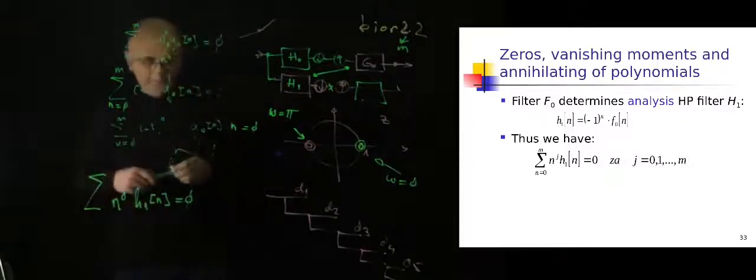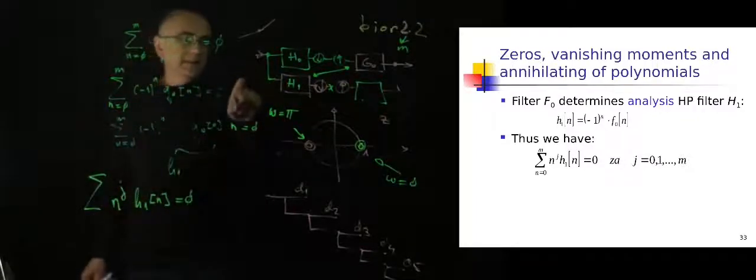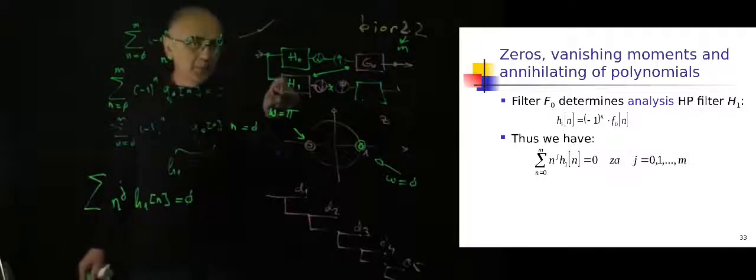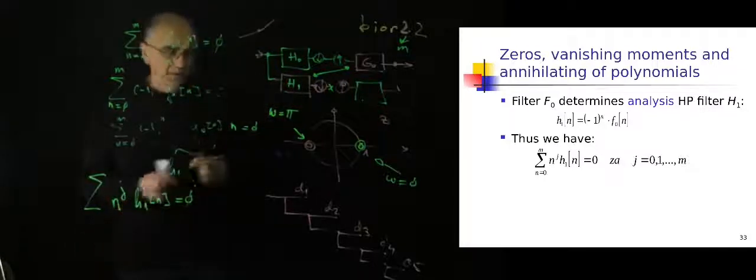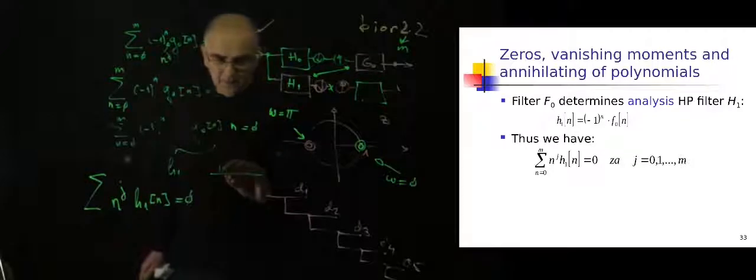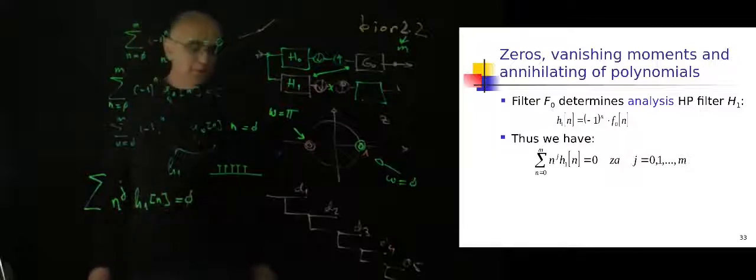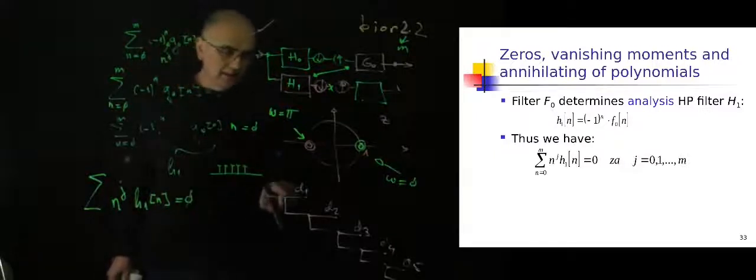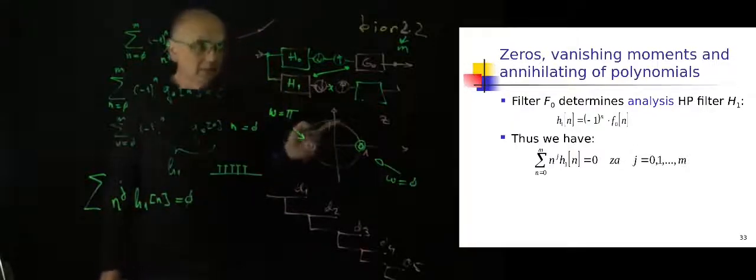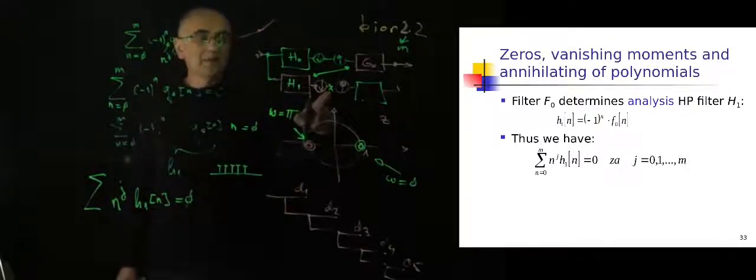It means that if the input sequence was all ones, or all constant, it's actually n to the power of 0, and it doesn't go through the filter H1, it cancels it out, so the result is all zeros.